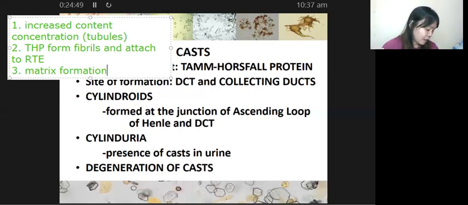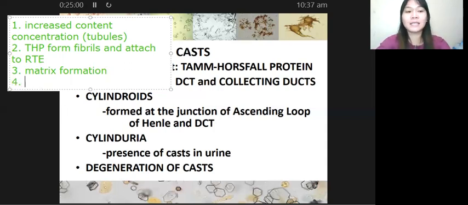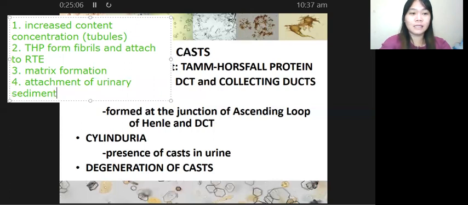Okay? So yan. So nakalagay dyan sa inyong module, attachment of urinary sediments to the matrix. Okay? So ang next ay attachment of urinary sediments. Okay?